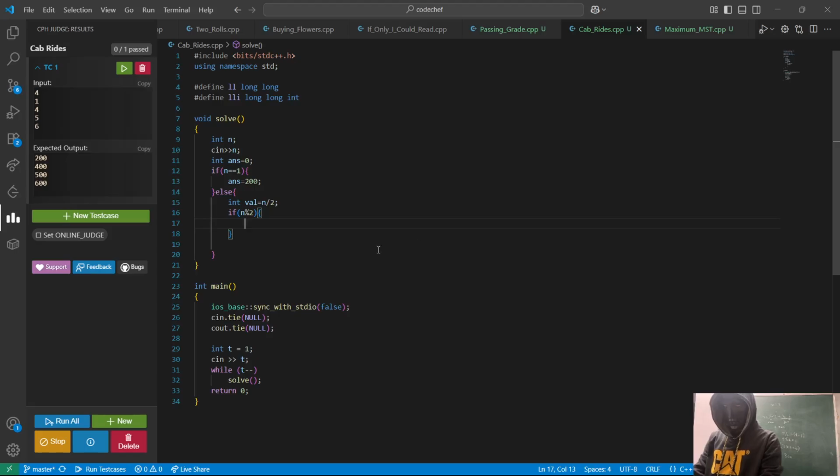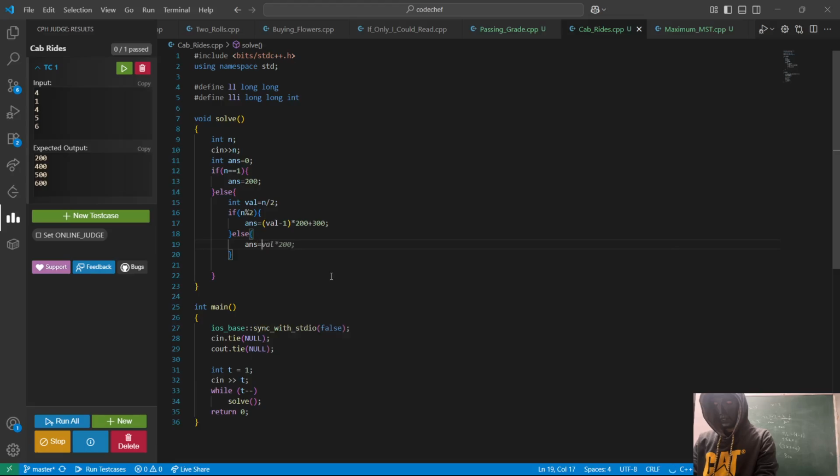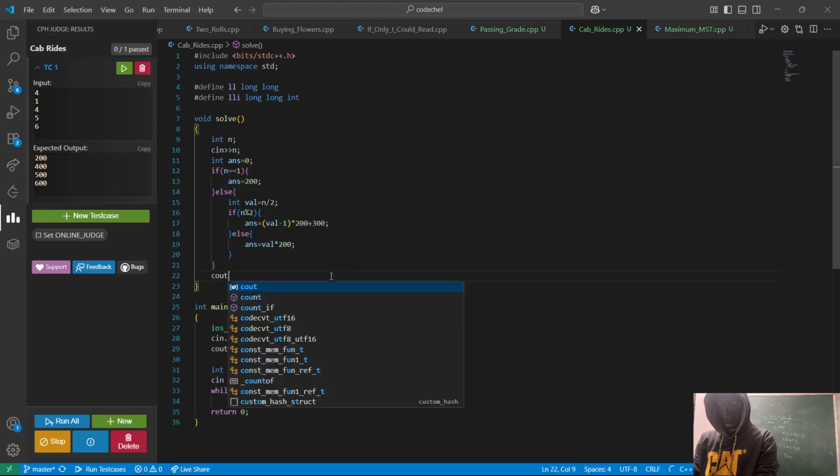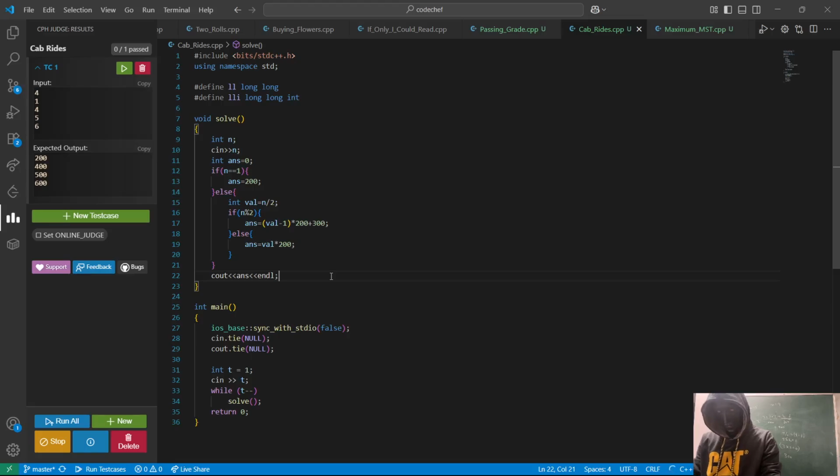So we are checking if n is odd, then as I said, your answer will be (val minus 1) times 200 plus 300, else your answer will be val into 200. When you are coming out of this if else, you need to print answer.